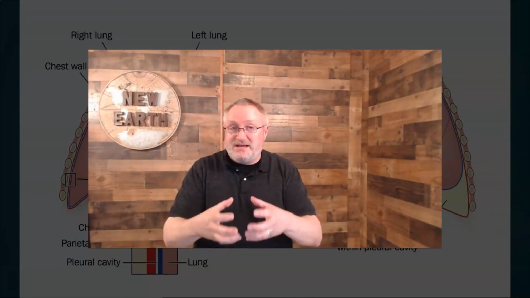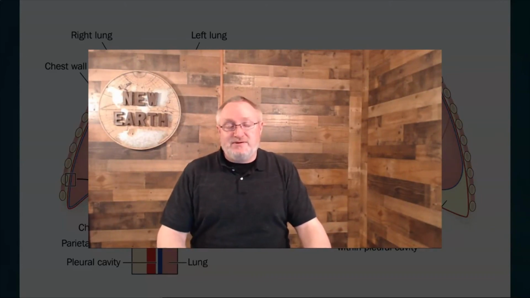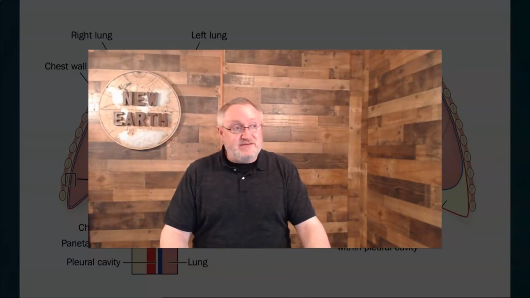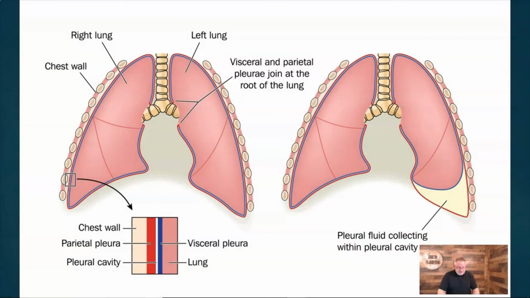This is the same exact story played out in just a different organ. Even down in your abdomen, same thing. There's a fluid sac around all those things, and when that fills up, now you get all kinds of problems. That's going to be a different video, however.